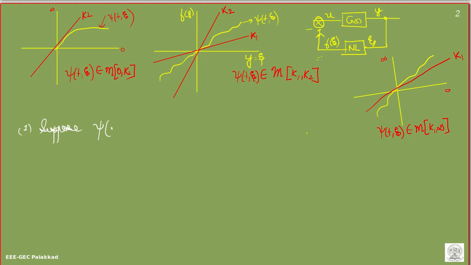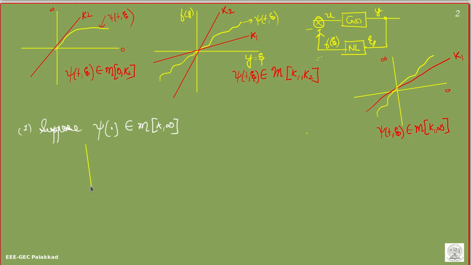First, let us suppose that psi is an element of this sector k1 comma infinity. Okay, it's better to draw it.